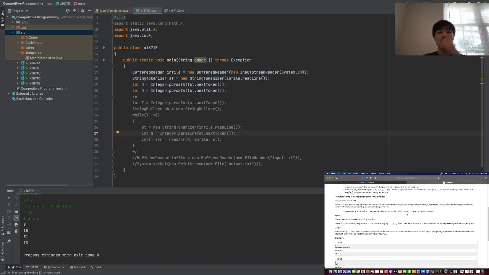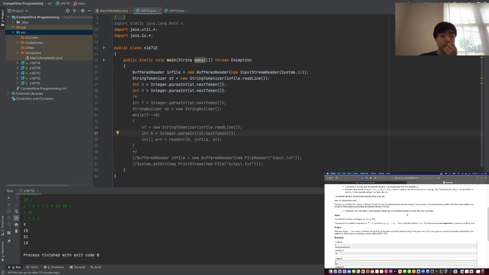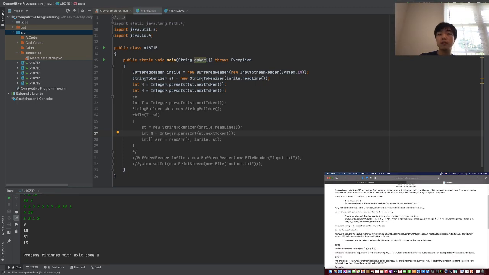I see. Okay. Every character is either A or B, so that's probably important. I was like, oh, okay, it's like a perfect tree. I see.